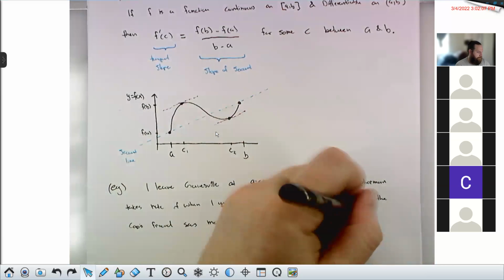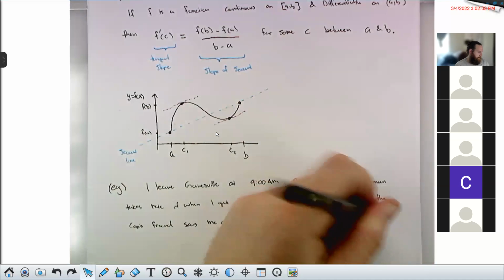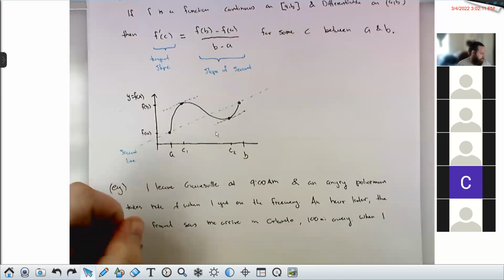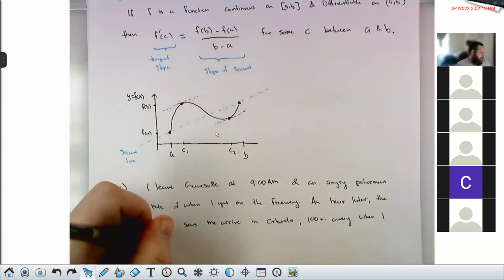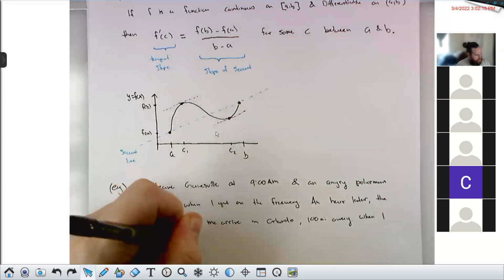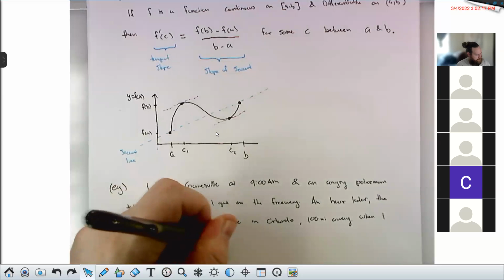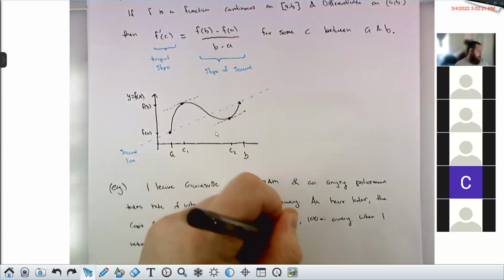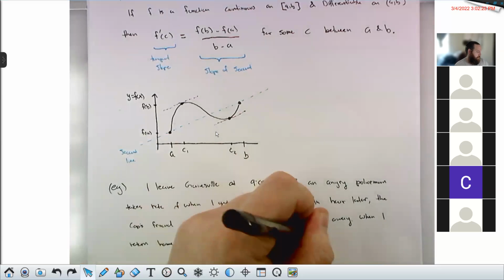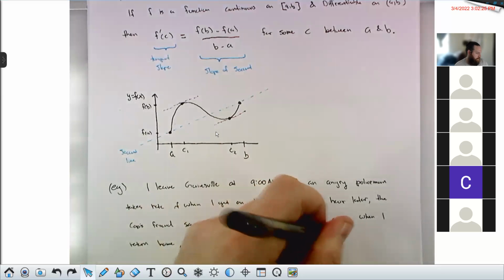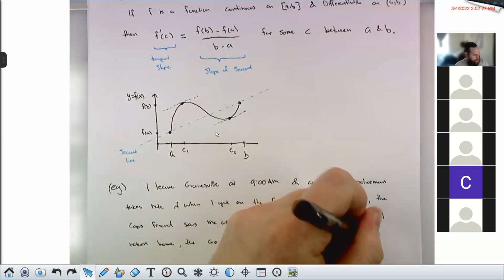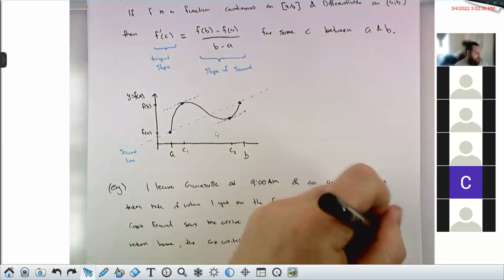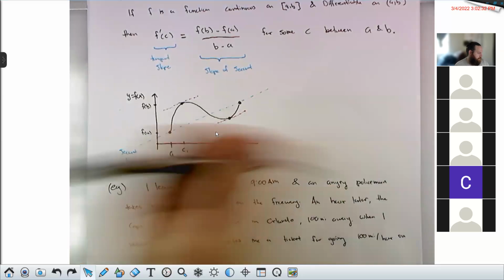When I get home, the cop writes me a ticket for going 100 miles per hour on the freeway.